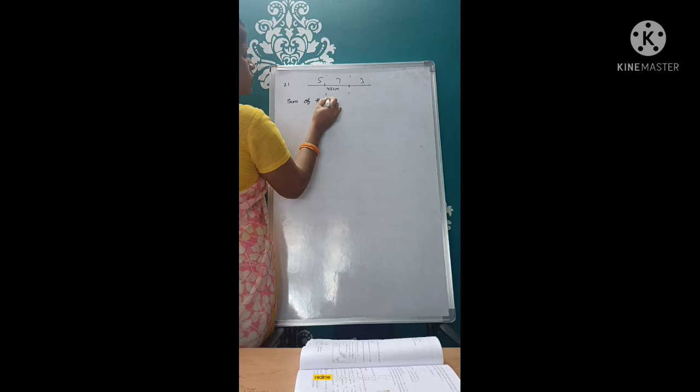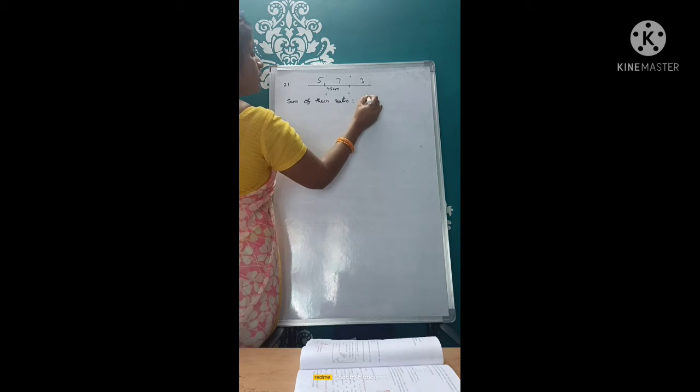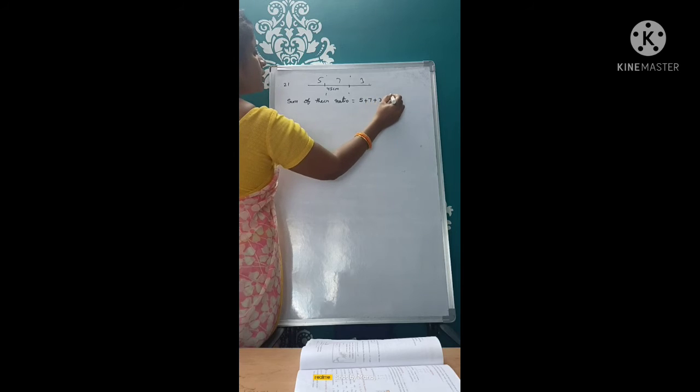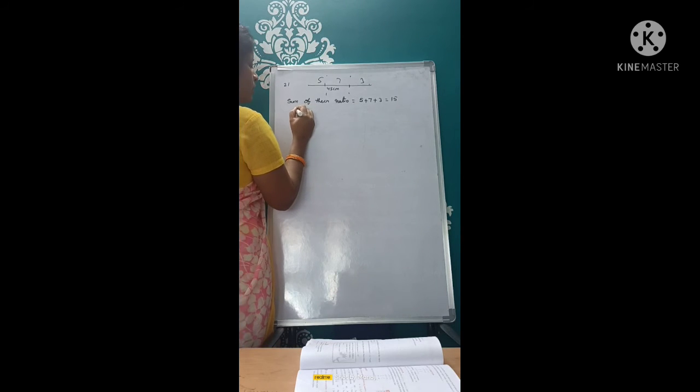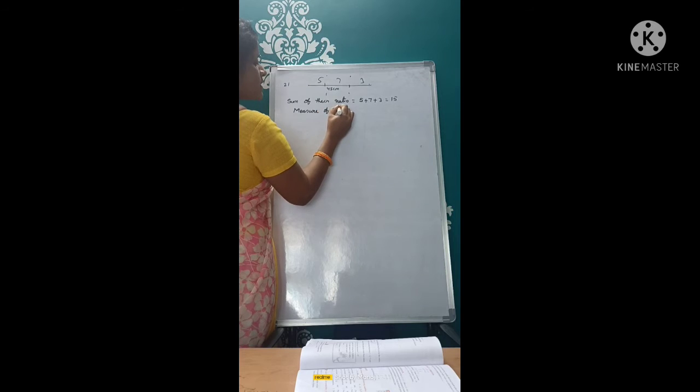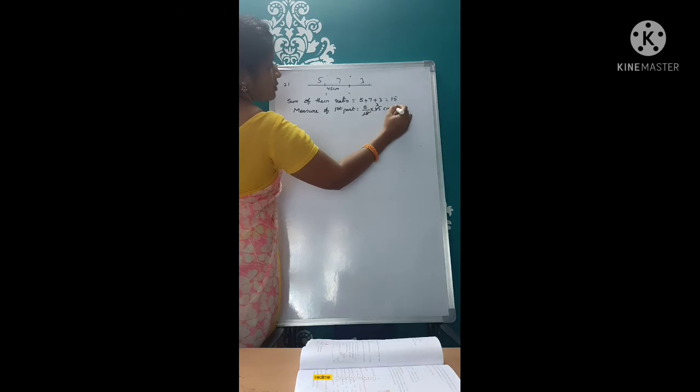Sum of the ratios equals 5 plus 7 plus 3 equals 15. Okay. So measure of first part equals 5 by 15 into 45 centimeters. 15 threes are 45, so it is nothing but 15 centimeters.